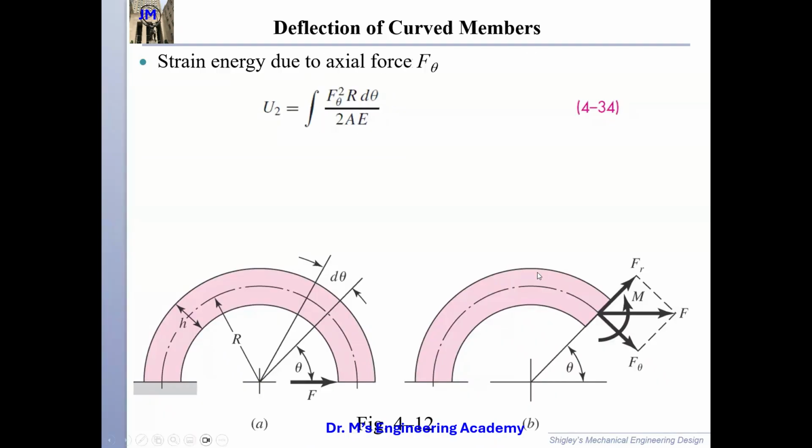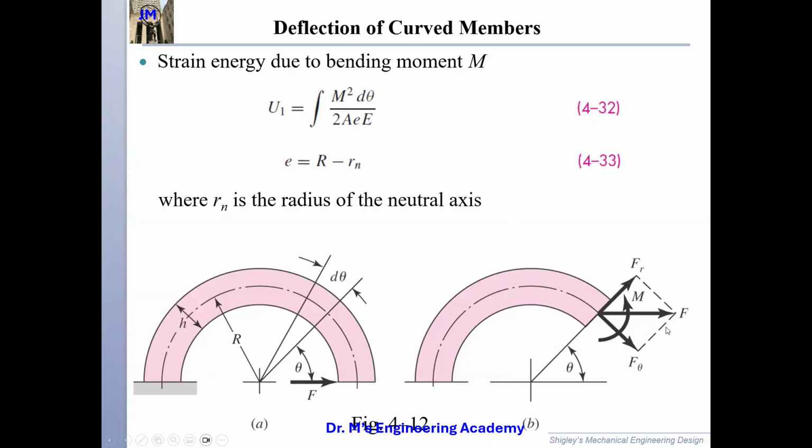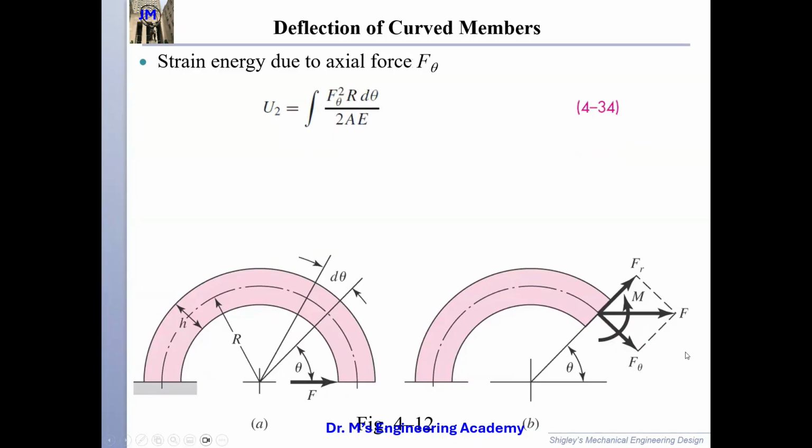You can see, let's go through this. The first one is because of the bending moment, which equals F multiplied by the distance from F to the point of interest. The second one is the axial force, and we just assume this axial force is applied at the neutral axis.